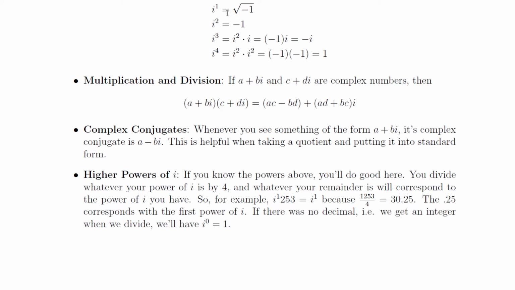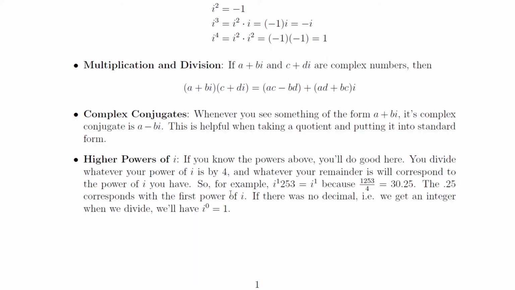Then it returns back to the top again: 0.00, 0.25, 0.50, 0.75. Or you can think of it as 1/4, 1/2, 3/4, 1. Same thing. The 0.25 corresponds with the first power of I, so I to the first.